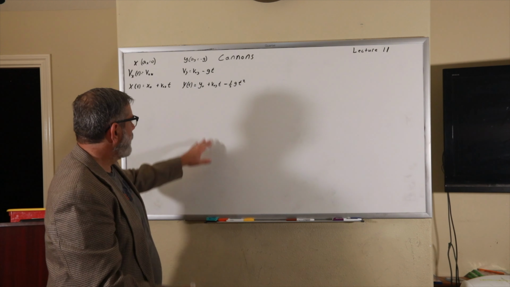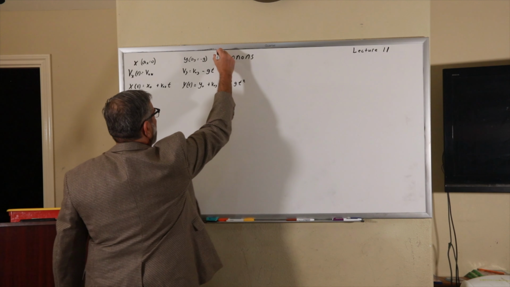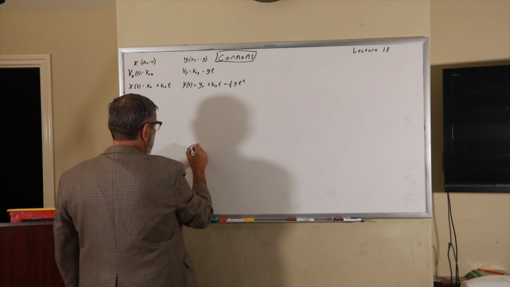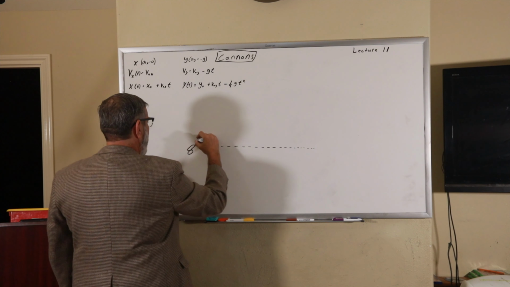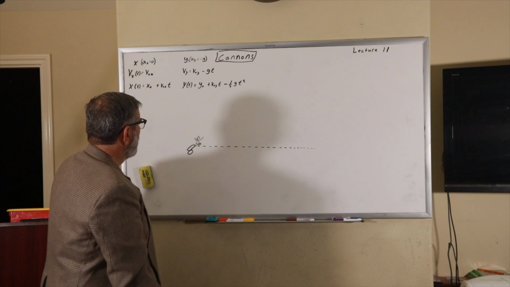Okay, so to really see how to use these, let's just do a simple problem, and we'll call this a cannon problem. I'll have my cannon, and I'm not going to worry about the height above the ground of the cannon itself. Maybe it's submerged below the ground a little bit if you want, but it launches with some angle, and this angle theta we'll specify, and with some velocity, and I'll write down a magnitude for the velocity vector in this direction.